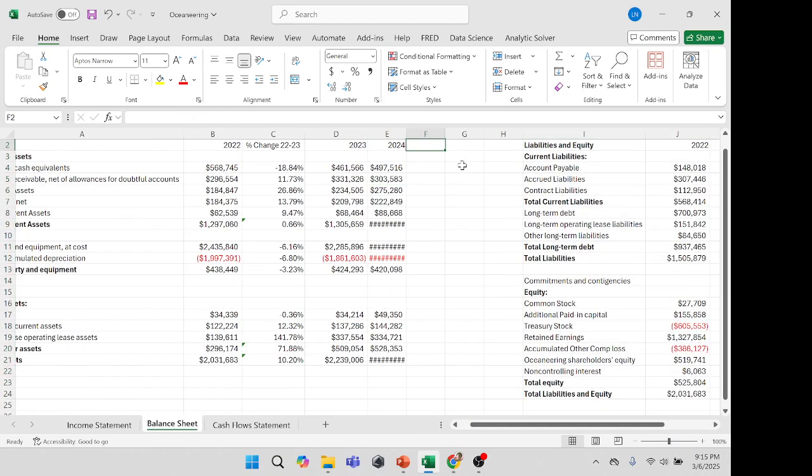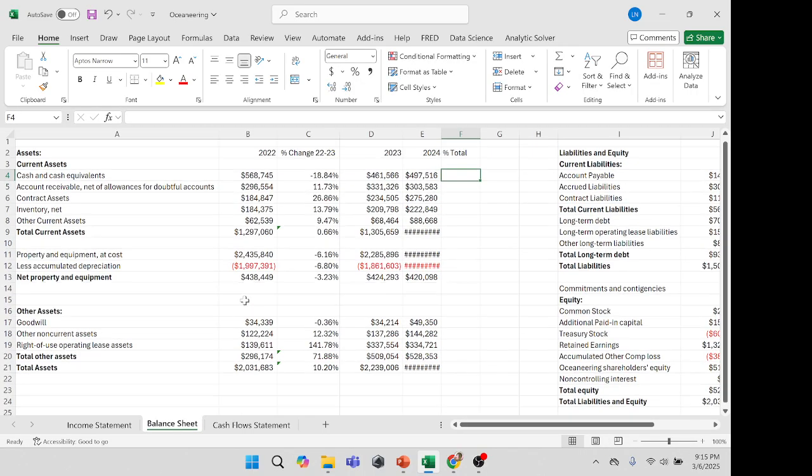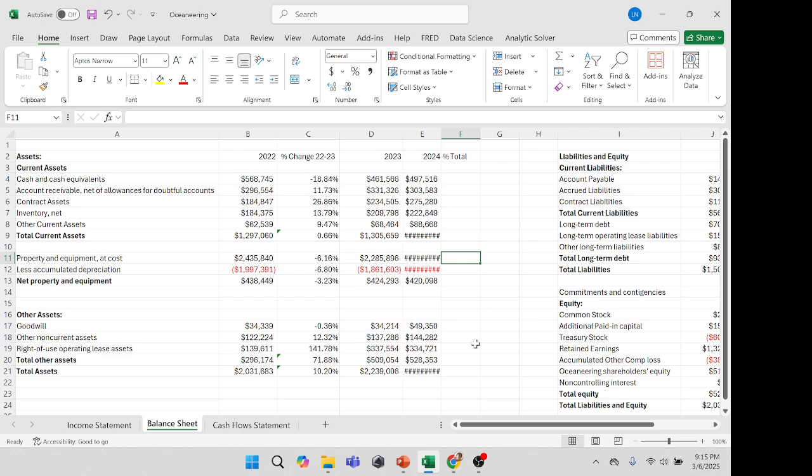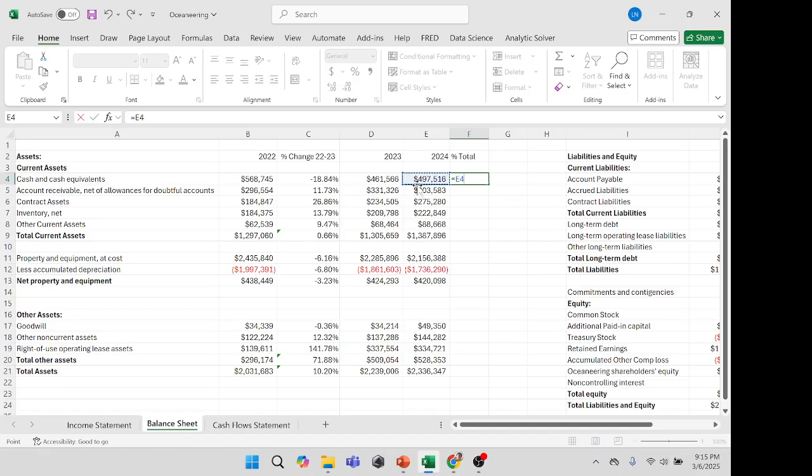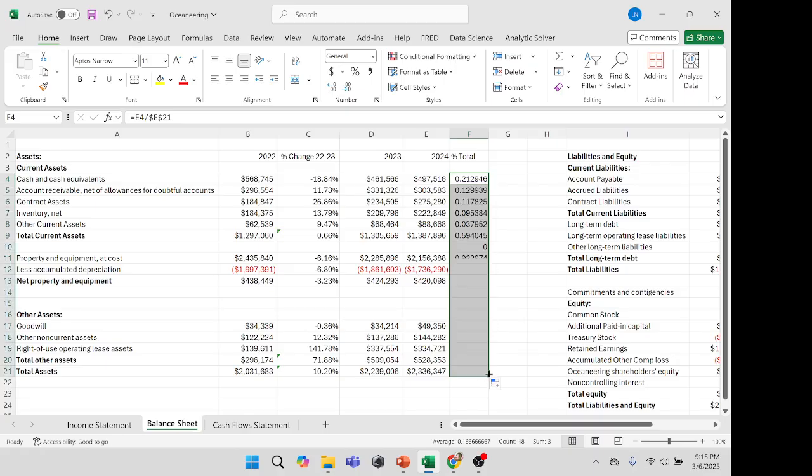All right, when it comes to percentage total, let's practice. Percentage total is a little bit tricky. For this one, you want to take everything and divide it by total assets. Let me do it real quick. You're going to take this, then hit the total asset down here, hit the F4 button, and that will give you this dollar sign, and then just drag it down.